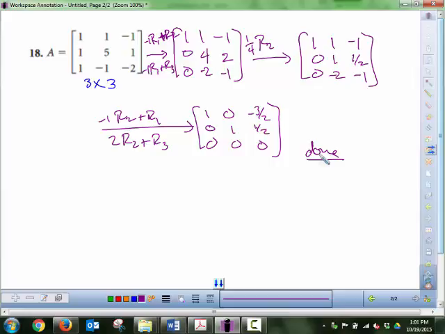So now let's take a look at the row space. To get the row space, what they say in the instructions is that the row space is going to be the span of however many non-zero rows you have.